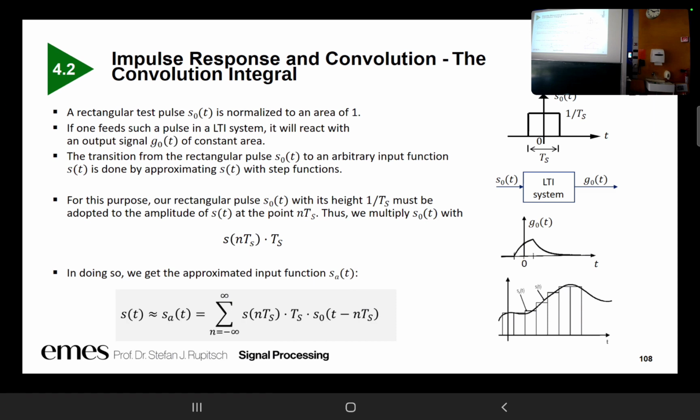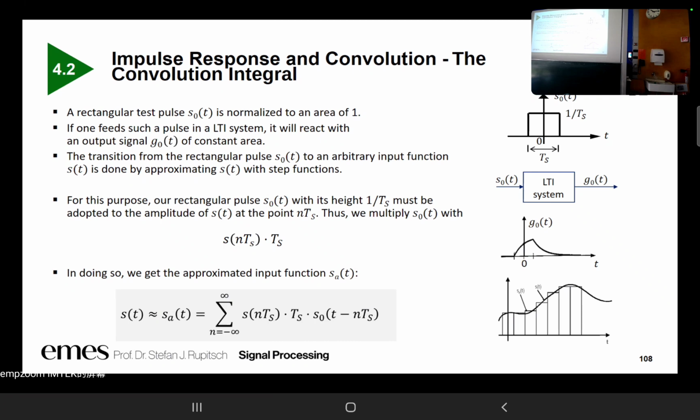What is the nTs? What is the s with the argument nTs? n stands for the index of our sample, yeah? And Ts is the sample time. It's the length of our pulse. And n refers to the number of the rectangular pulse.